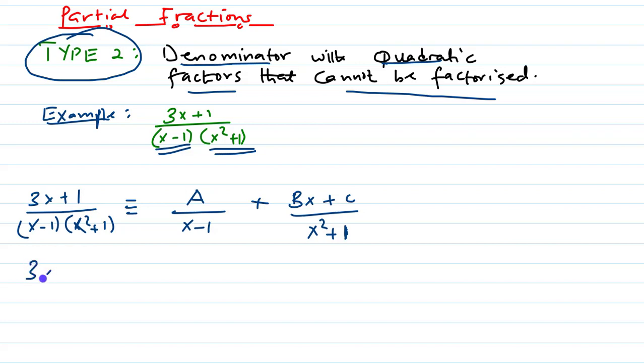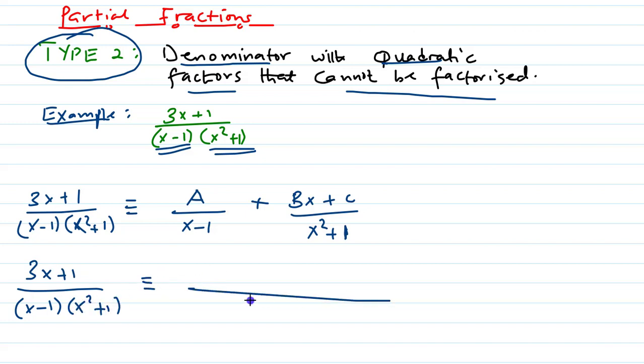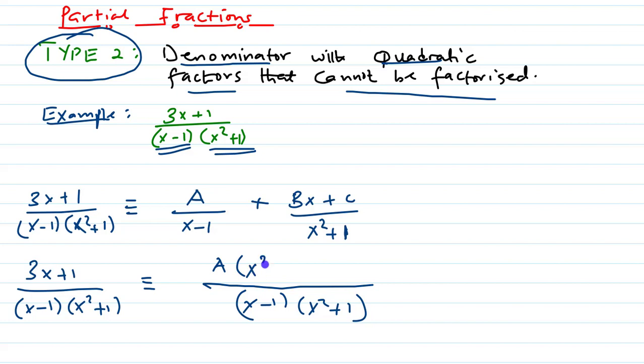So I have 3x plus 1 divided by x minus 1 times x squared plus 1 being equivalent to, so the LCM is x minus 1 times x squared plus 1. So I'm going to have here A into x squared plus 1, plus bx plus c, which I multiply by x minus 1.